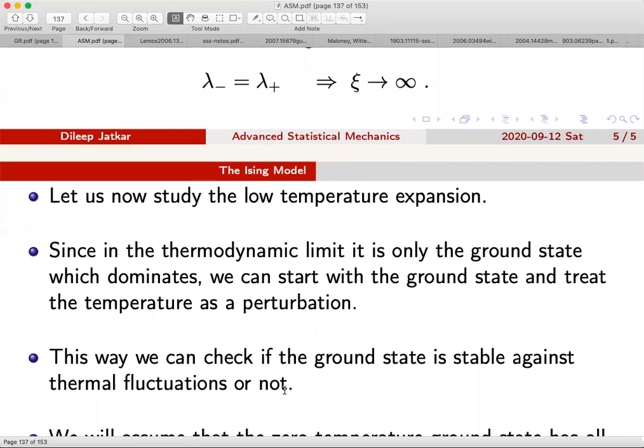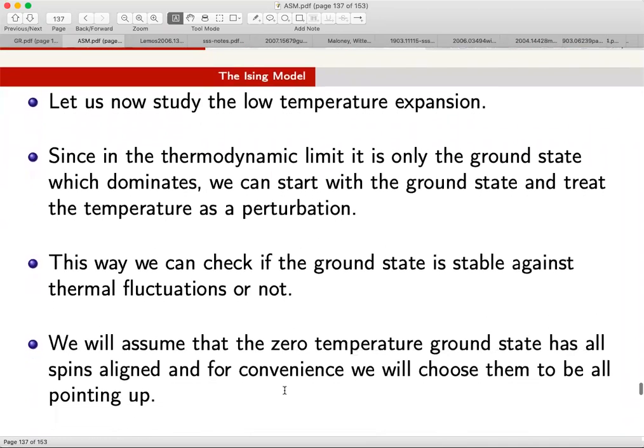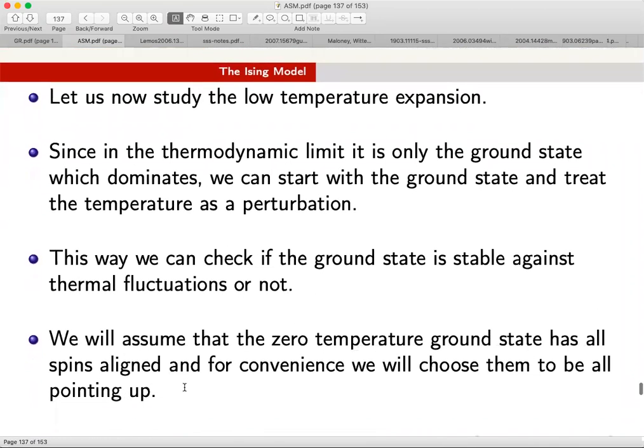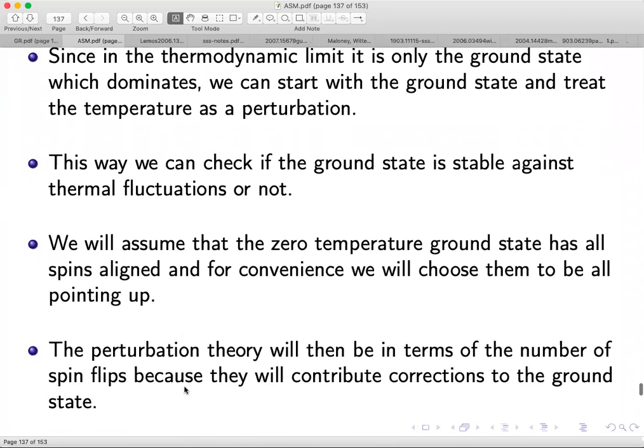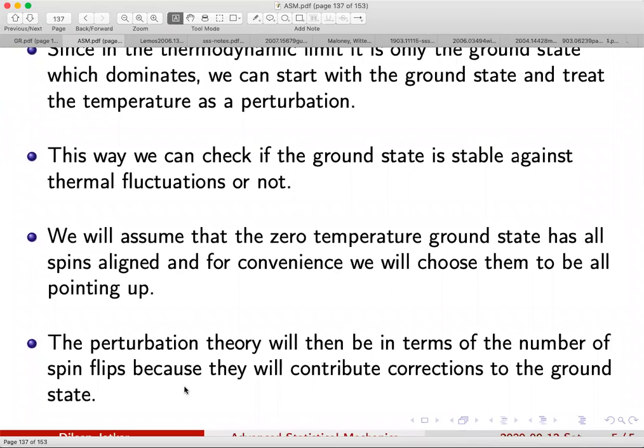Is it stable under thermal fluctuation? As I said, we will assume all the spins aligned, and choosing them to be pointing up is just pure convenience. So when we say we are going to do perturbation theory, we really mean that we would write down states in which the spins are flipped compared to the ground state.